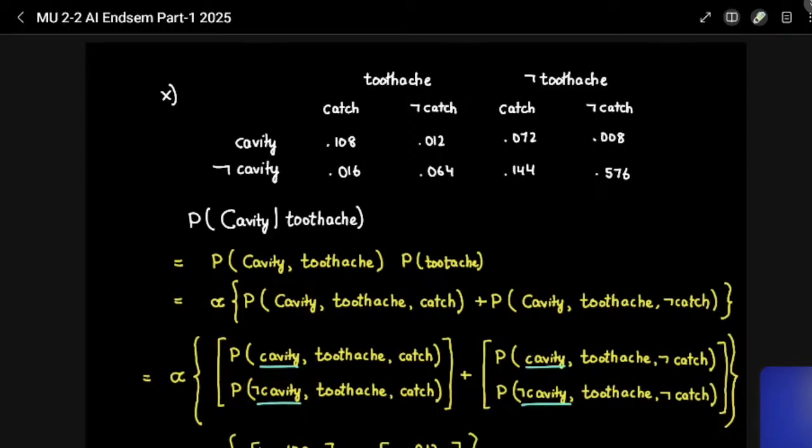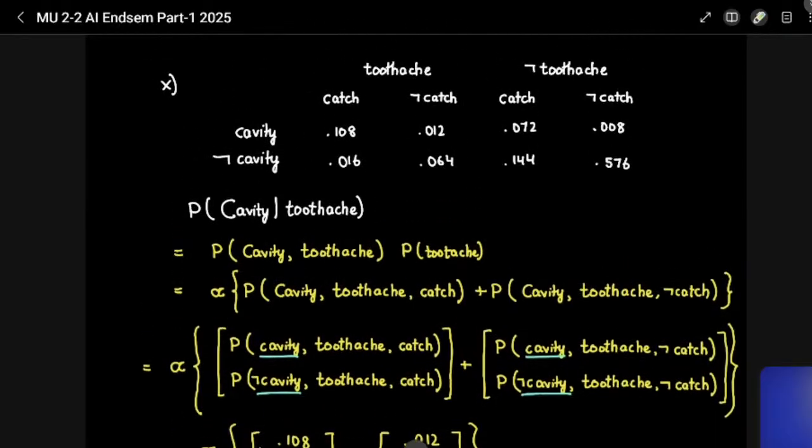So in short, I can write small cavity, lowercase cavity, and not lowercase cavity. So first element represents cavity equal to true. The second element represents cavity not equal to true. So cavity false. So not lowercase cavity means random variable cavity is false. Same goes for the other probability of random variable as well. So you get two vectors here, and alpha is still outside.